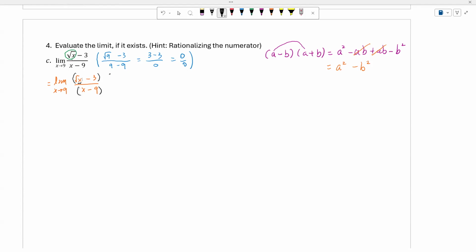So I'm going to multiply top and bottom by square root of x plus 3 over square root of x plus 3. Now remember, when you multiply by square root of x plus 3 divided by square root of x plus 3, it is actually multiplying by 1. So it will not affect the value of this expression at all. So it is okay to work with this.